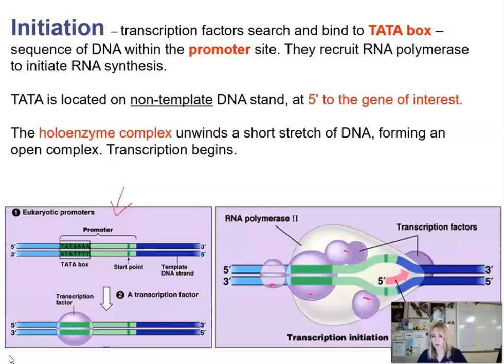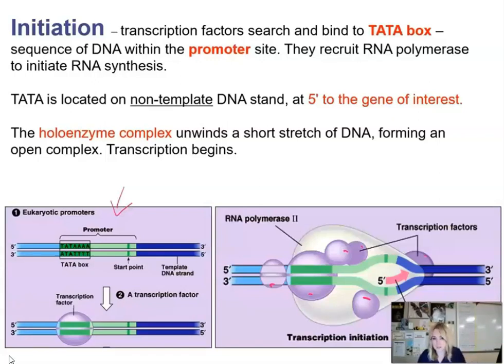They all come together and build this huge protein machinery, which we call the holoenzyme complex. And they recruit the RNA polymerase to the scene, basically telling RNA polymerase where the gene is located, which gene needs to be expressed.